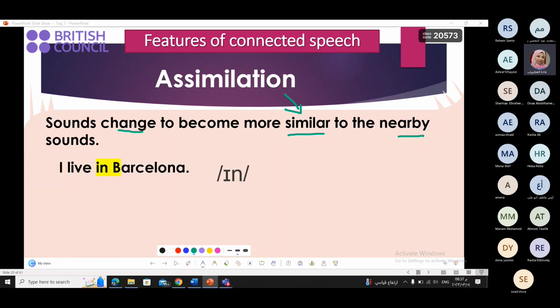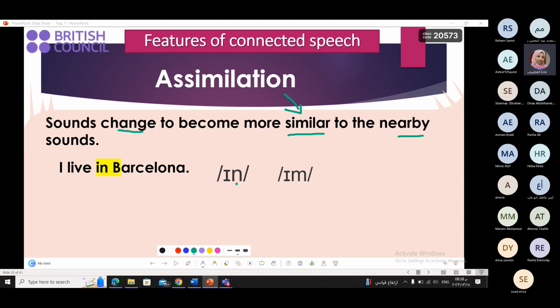If I say it separately, I live in Barcelona. But in connected speech, I will say I live in Barcelona. So the N became M. I live in Barcelona.